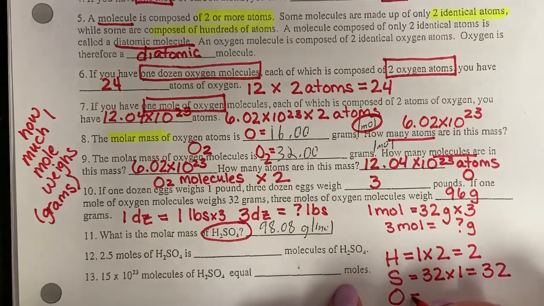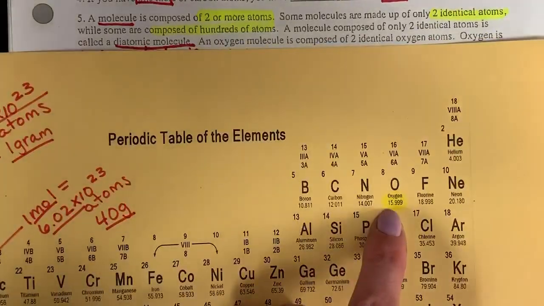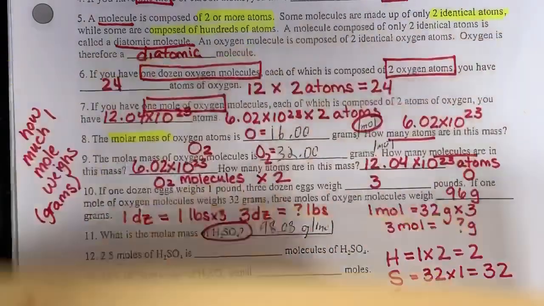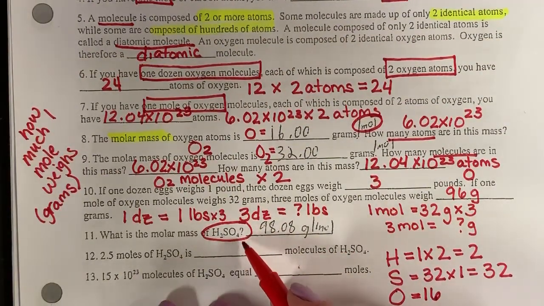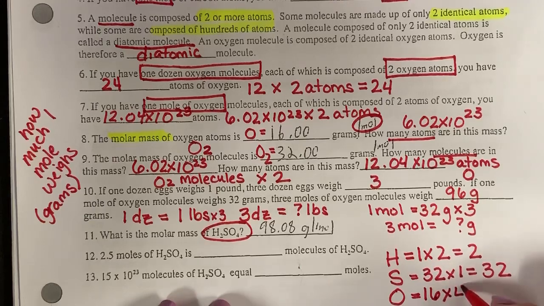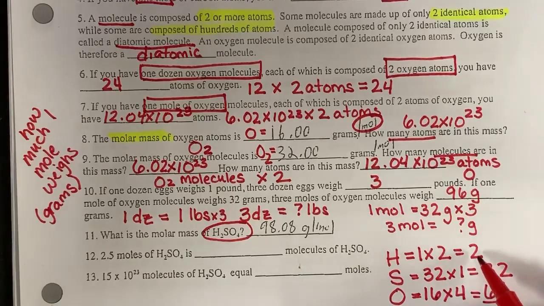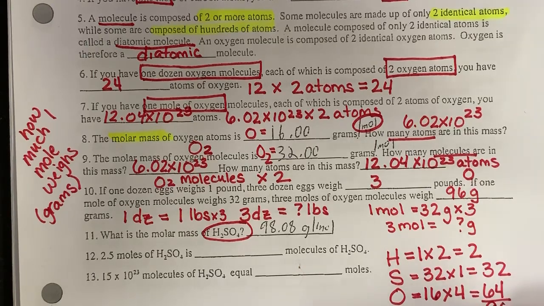O was 15.999. We round him to 16. SO4, I've got 4 O's. 16 times 4 is 64. 2 plus 32 is 34. Plus 64 is 98.